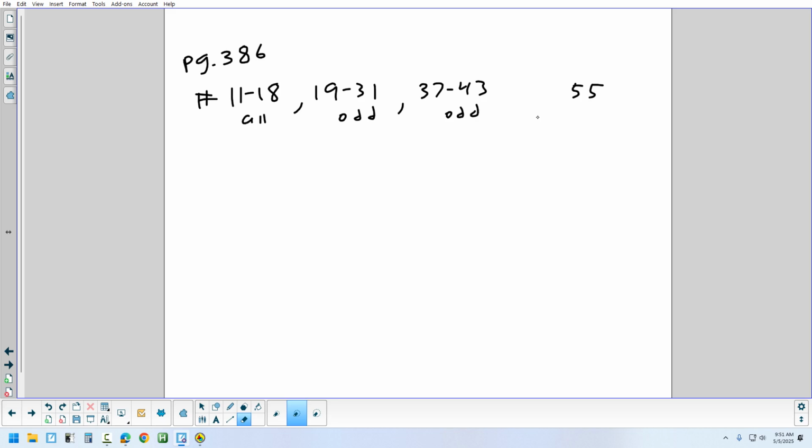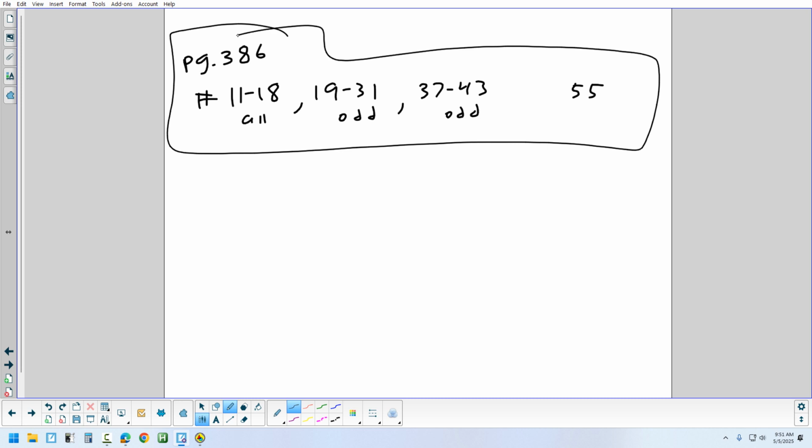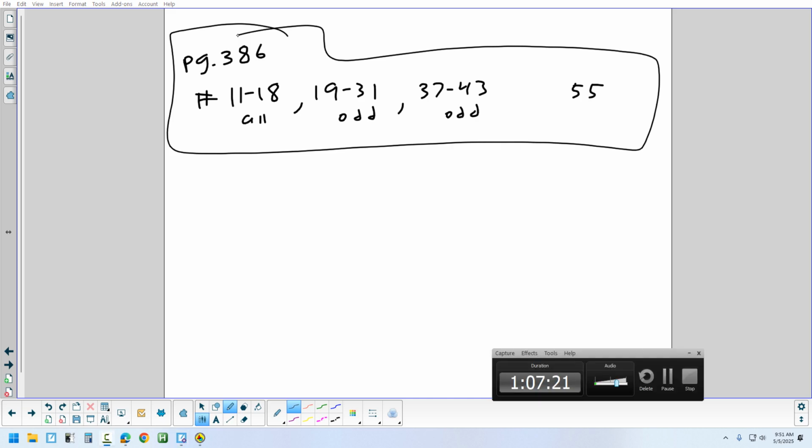Okay, I think the rest of that's okay. So that's 11 to 18, that part's matching, that's all. Everything else is odd. And we'll take a look at that first thing tomorrow.